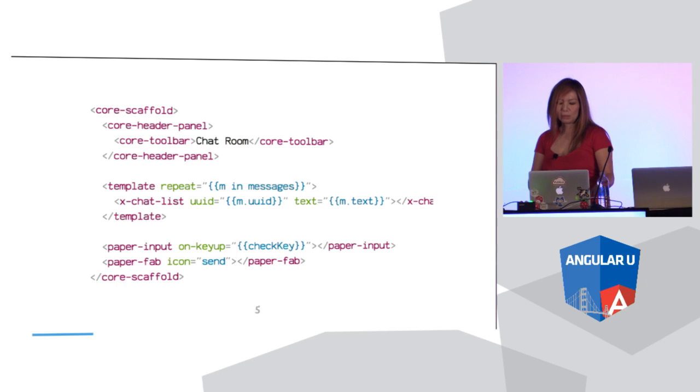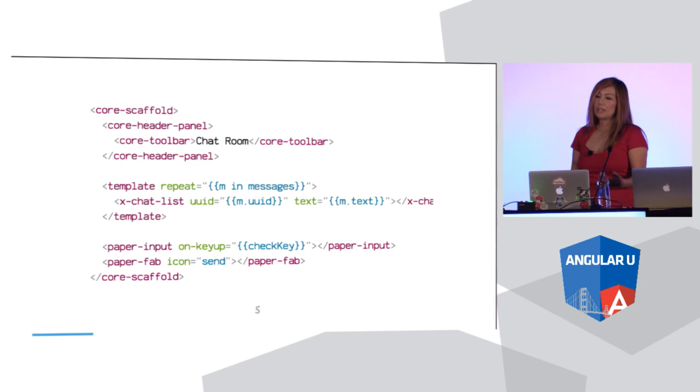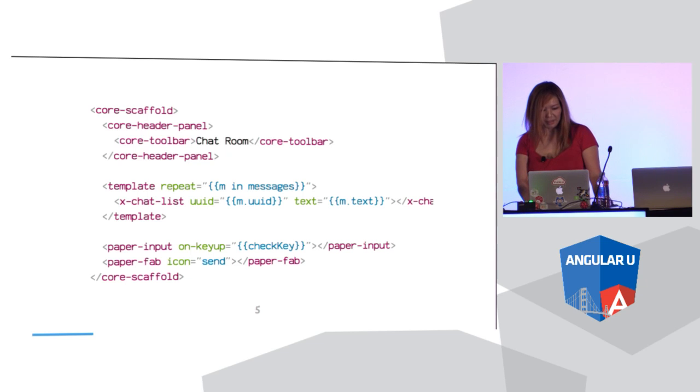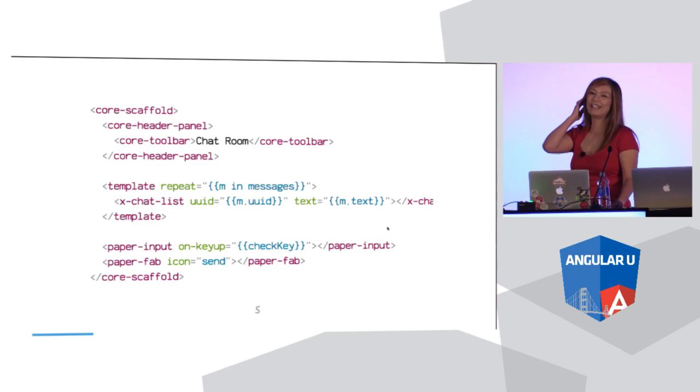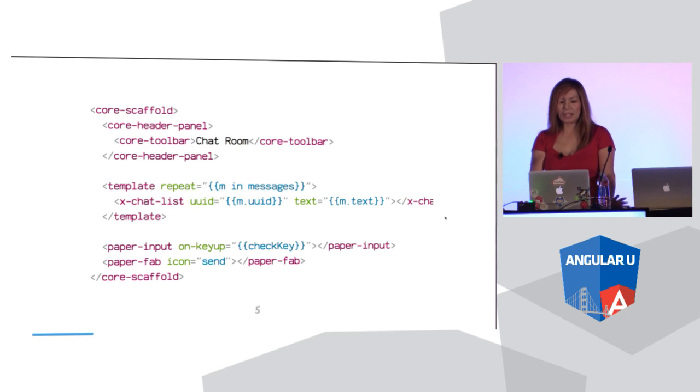Actually, if you use Polymer, you've noticed that the core scaffold and all those core dash elements are from Polymer, actually Polymer 0.5. They just announced the 1.0, so I really have to update my code. It's going to be a kind of pain because those core dash elements are all deprecated, but anyways, it still looks pretty clean.